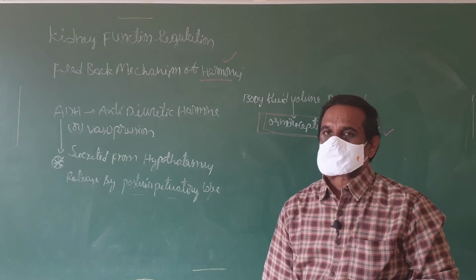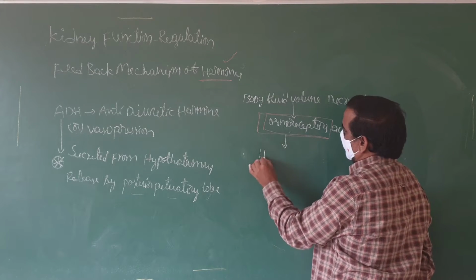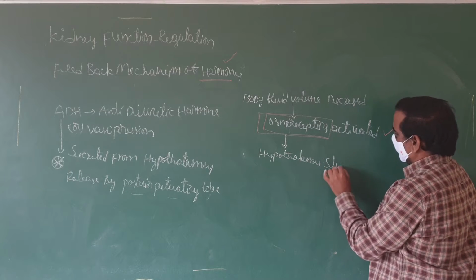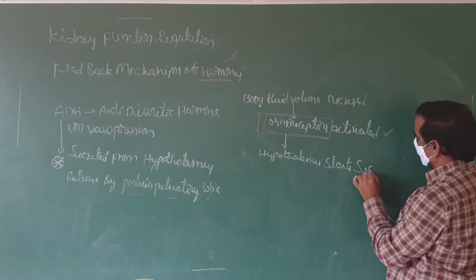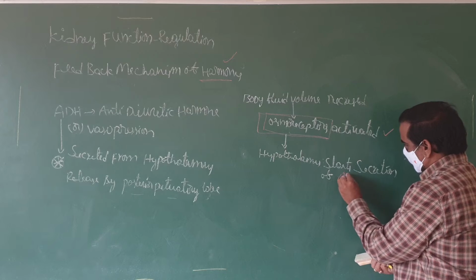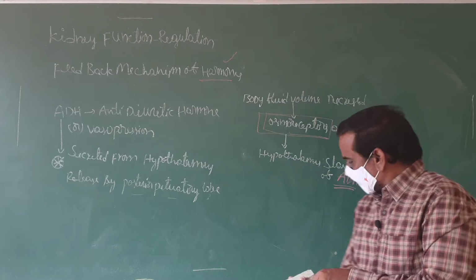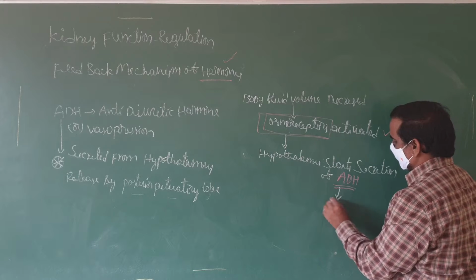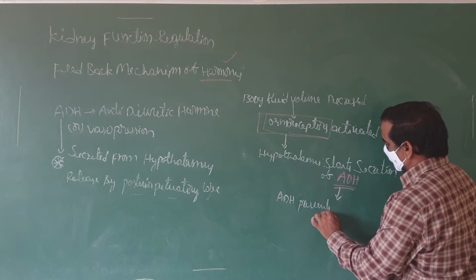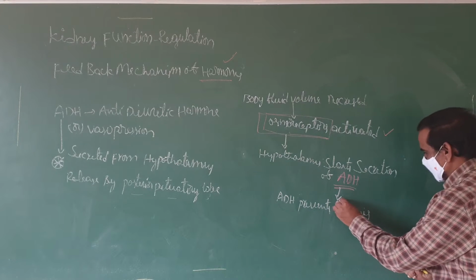Due to the activation of osmoreceptors, that information is sent to the hypothalamus. Then the hypothalamus starts secretion of ADH. This ADH prevents diuresis. ADH prevents diuresis. This you have to remember.